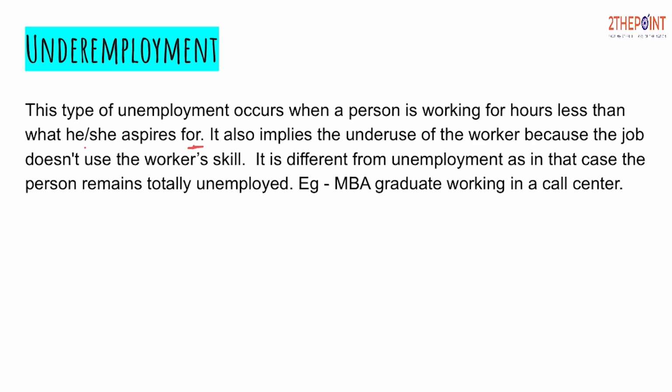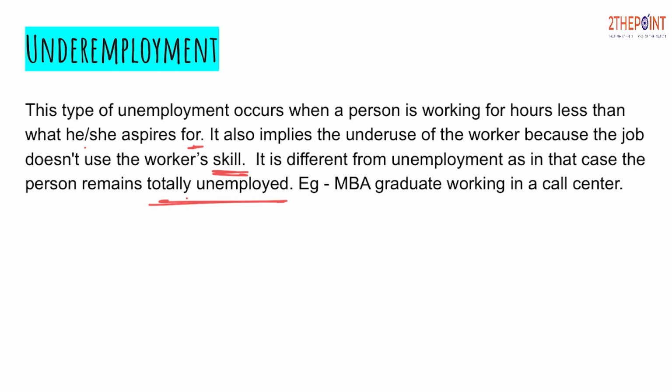It also implies the underuse of the worker because the job doesn't use the worker's skill. As in the case I told you, you are an engineer working as an electrician. It is different from unemployment, as in that case the person remains totally unemployed. So there is a difference between underemployment and unemployment. So I hope it is clear to you what all these sorts of unemployment are.